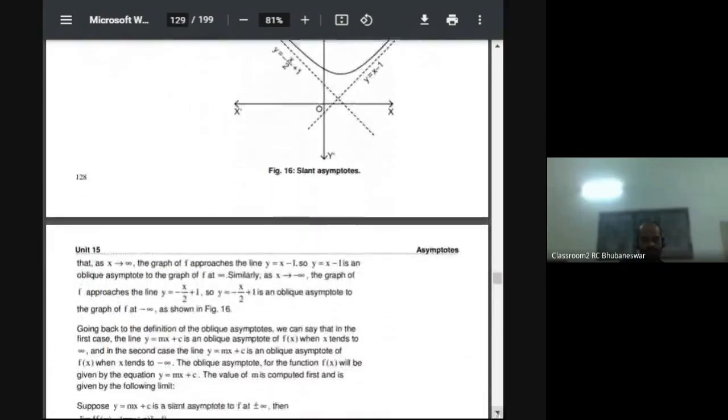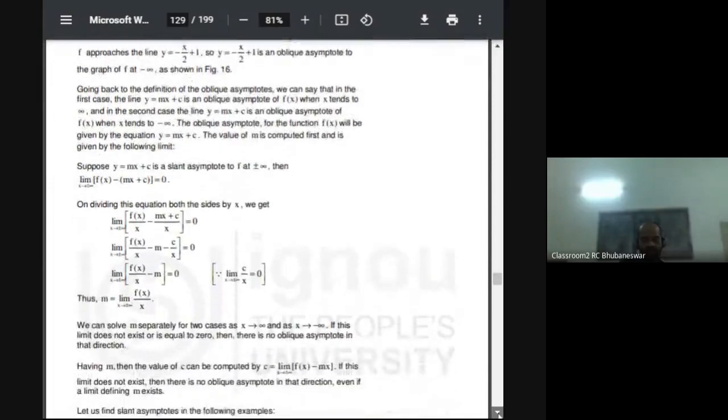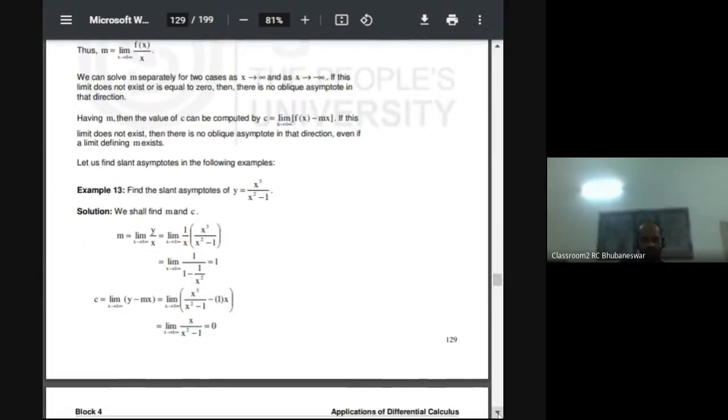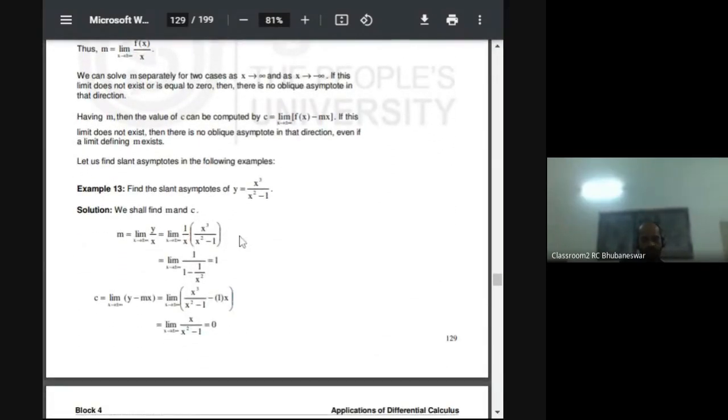That means it satisfies the definition or the condition of the asymptote.